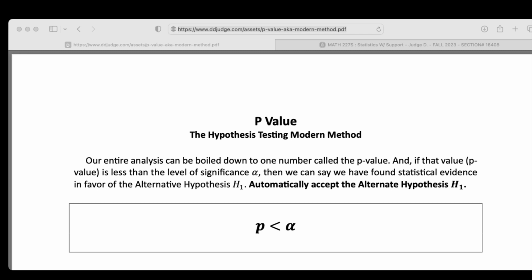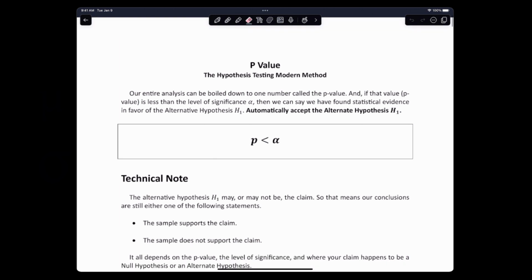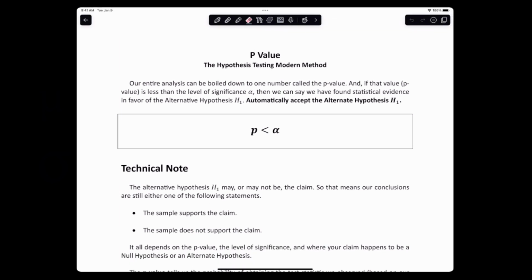Okay, so we're still going to work with our hypothesis testing. P-value, section 16408. So I'm going to work with the modern method, okay? So here we're going to go through the same concept we did before. However, this is our criteria that we're going to look for. Okay, we're going to look for, again, this p-value. And that's a probability value.